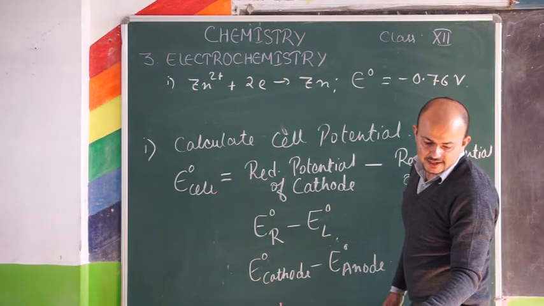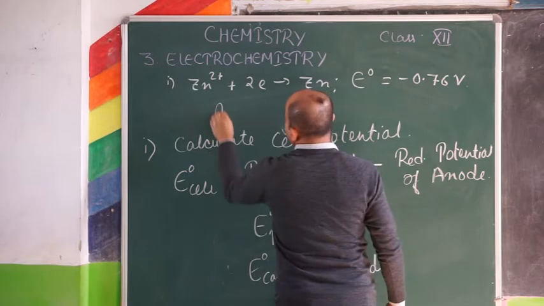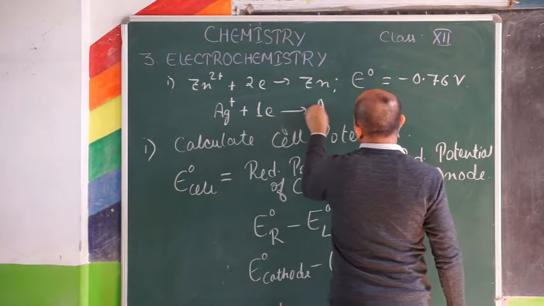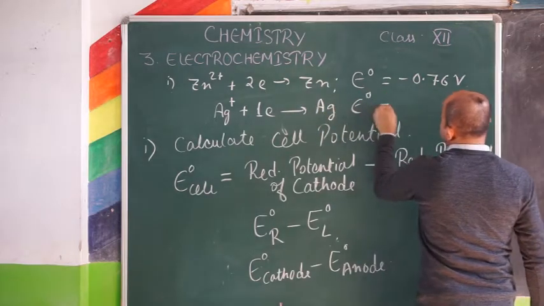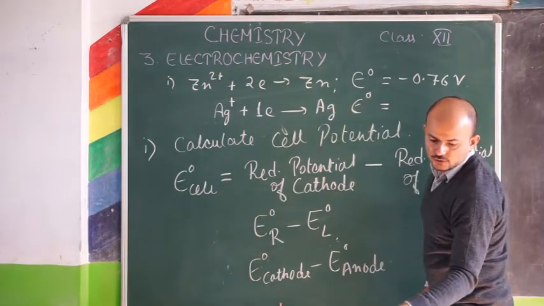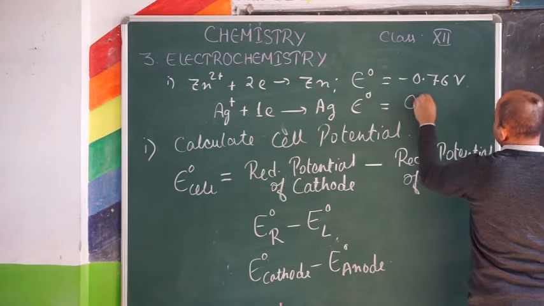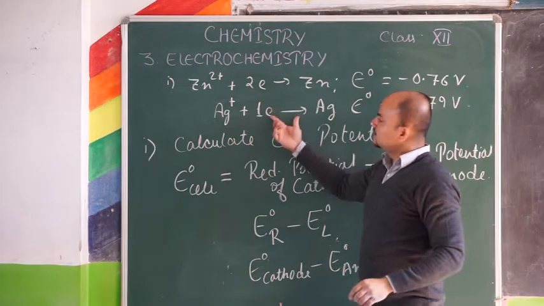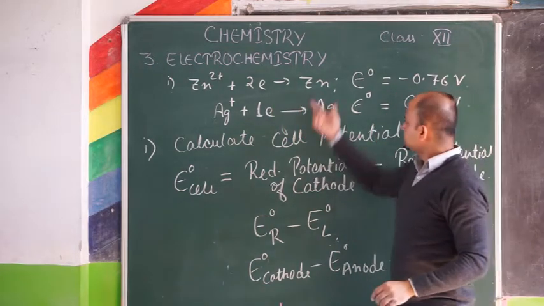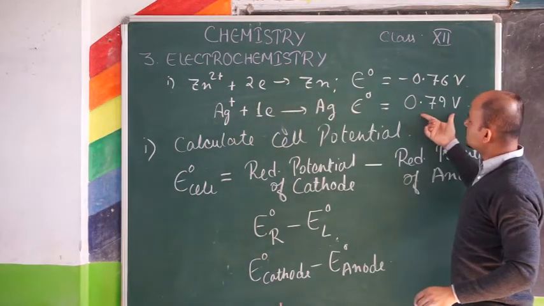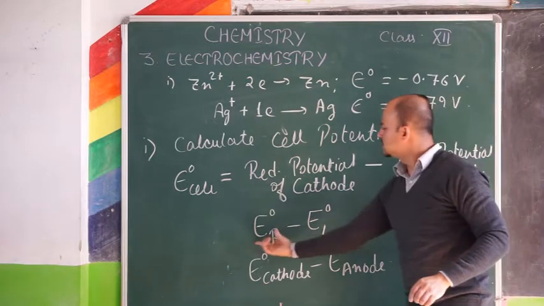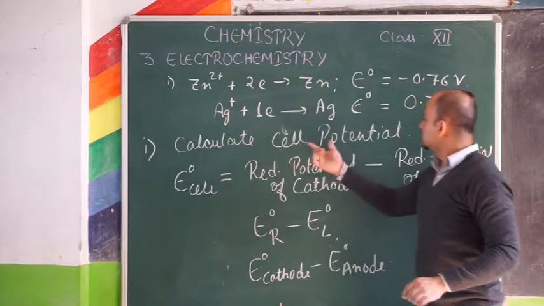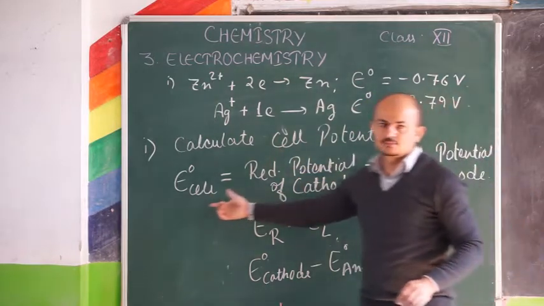The next information given is Ag+ plus 1 electron converted into Ag, with a value of 0.79 volt. So these two individual reduction potentials are given, and we have to use them here to get the total cell potential.